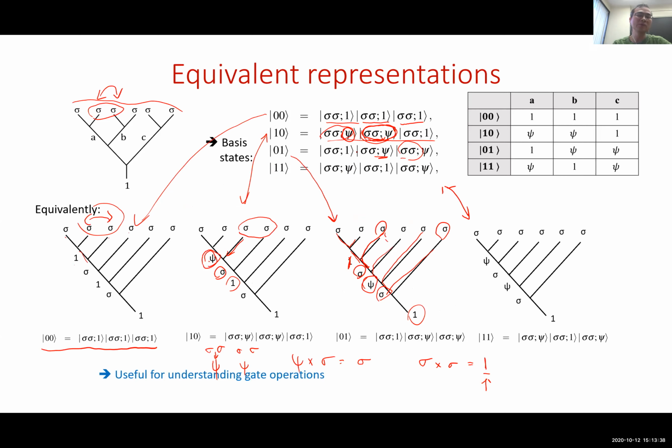We really need to use this. So when you exchange the two, then you can use the rule that 2 and 3 braid directly. It would give rise to the action of the X gate.